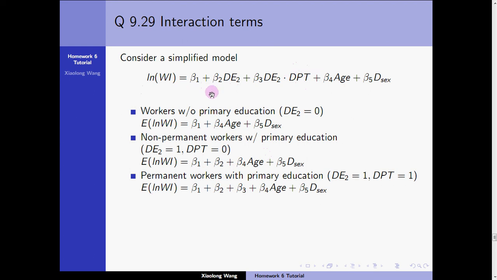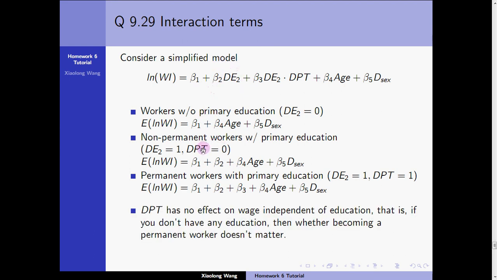Most of the time when we have an interaction, we would have at least one term from the interaction to be an independent variable in the regression. So here we have D2 interacted with DPT, and then we have D2 as one independent variable in the regression. We could have 2 and we could have 0, but most of the time we want to have at least one of these terms.